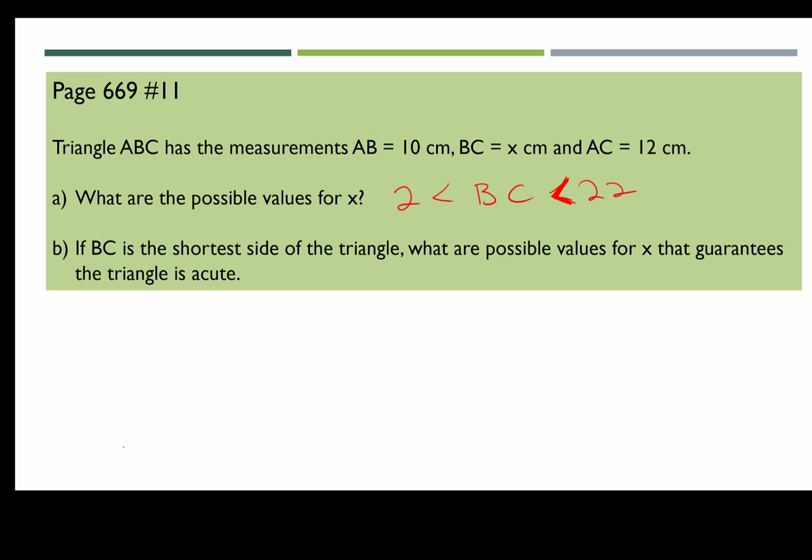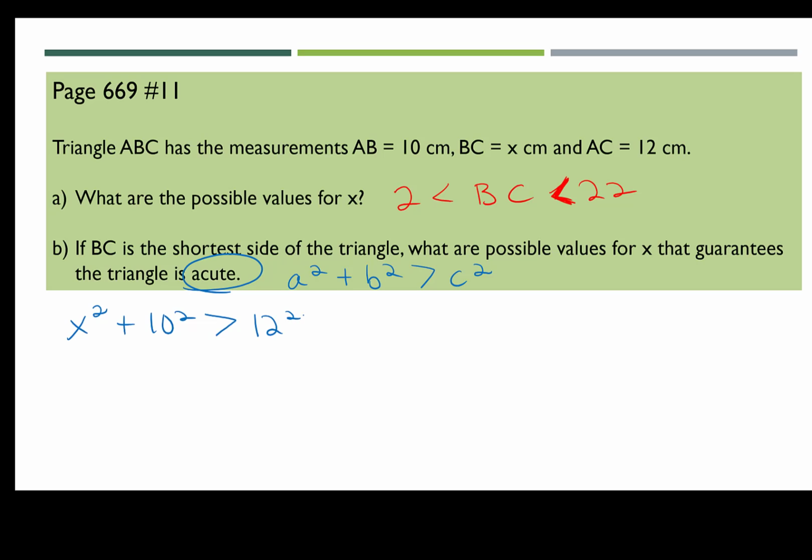Next, it says if BC is the shortest side of the triangle, what are the possible values of x that guarantees a triangle is acute? Now, for a triangle to be acute, a squared plus b squared has to be larger than c squared. So if we know AC has to be the longest, we can use the Pythagorean theorem to say x squared plus 10 squared has to be larger than 12 squared.